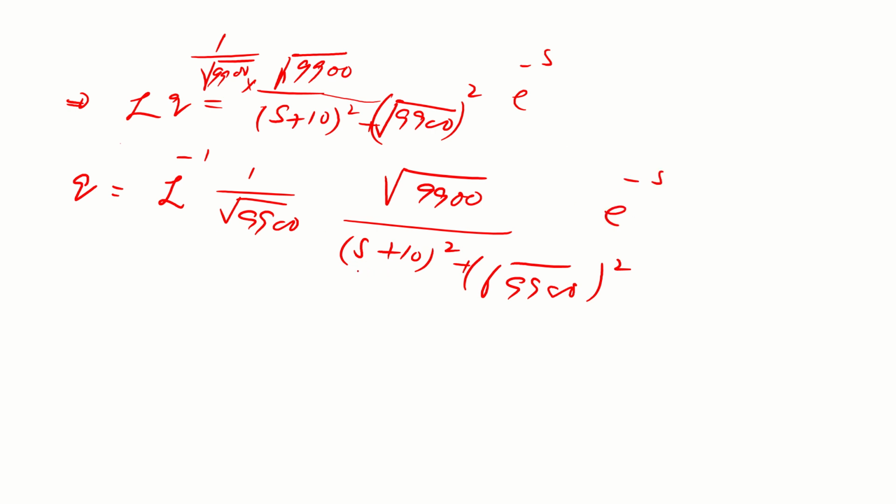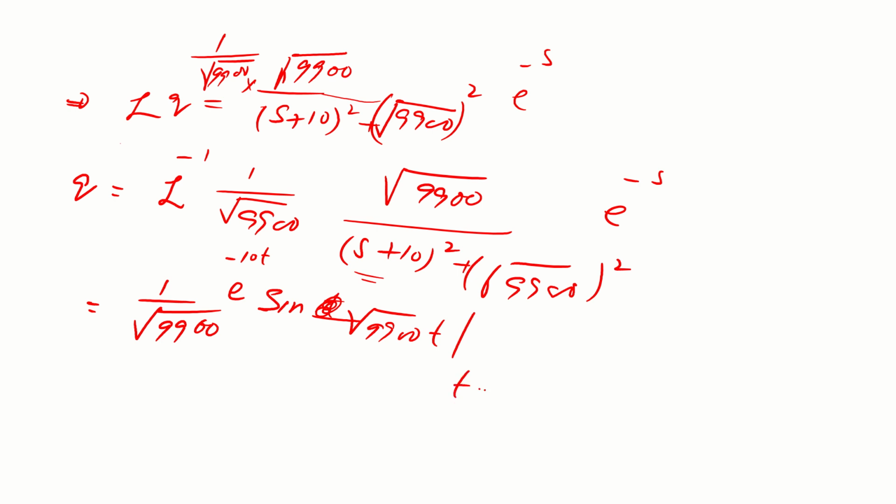Now using the first shifting theorem, that will give you 1 over under root 9900 e power minus 10t into sine under root 9900 t, with t replaced by t minus 1, u(t minus 1). That's basically the shifting theorem.